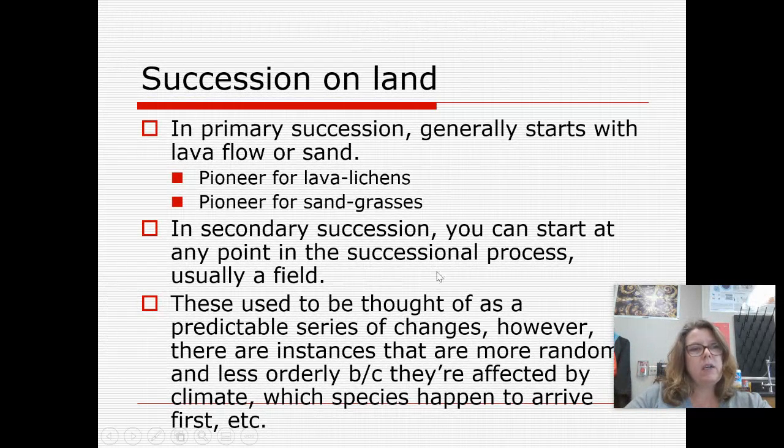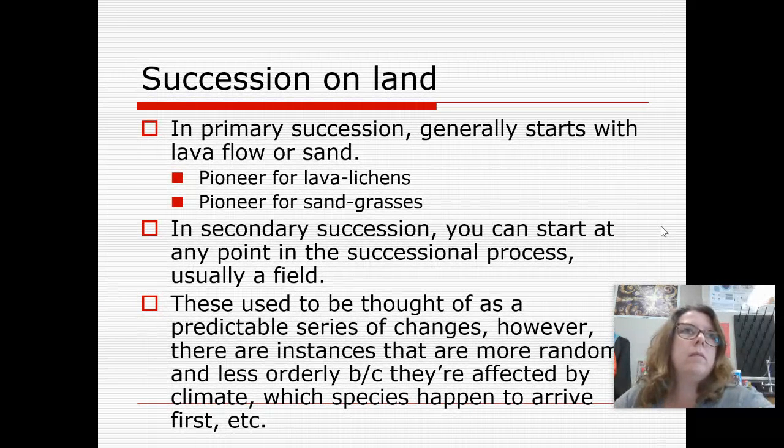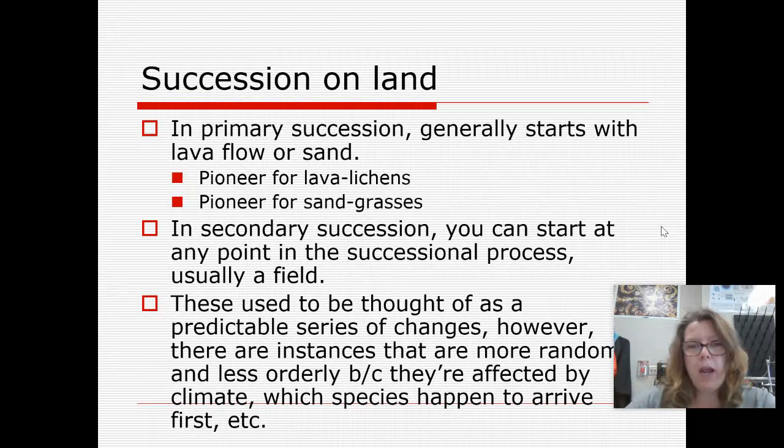In secondary succession, you can actually start at any point in the process of succession. A lot of times there's an area, for example, that has a pine forest, and they want to preserve a pine forest. The pine forest is usually considered in the temperate zone to be the second to last step of succession.